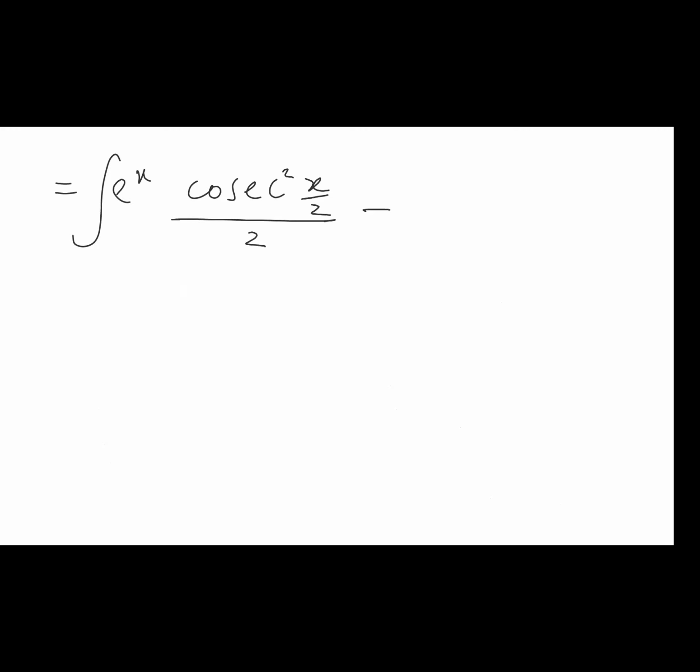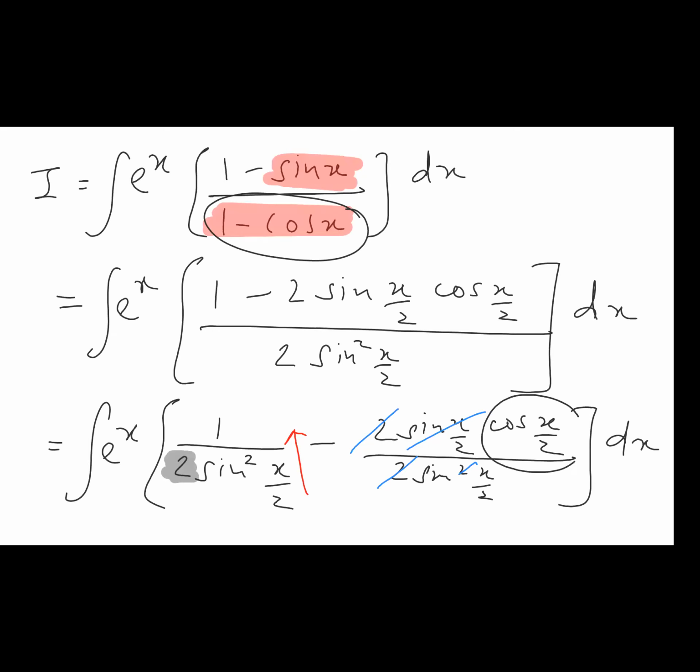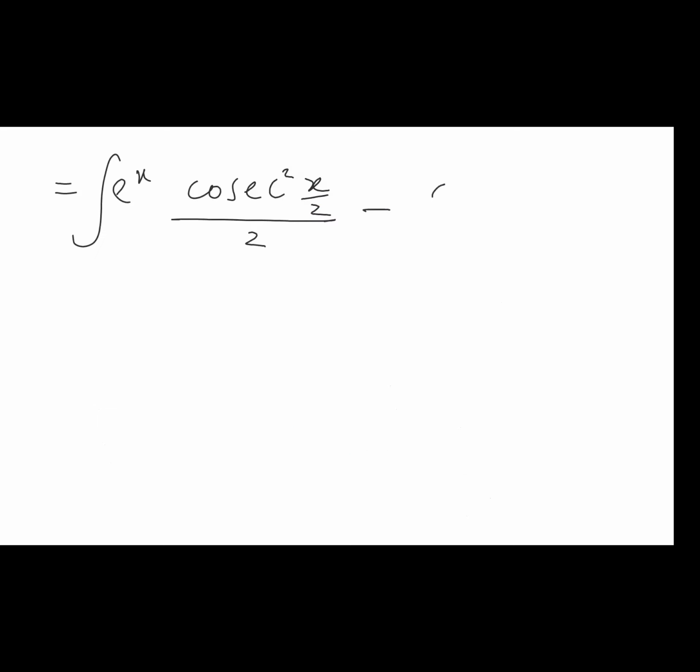Minus cos x by 2 upon sin x by 2, that is equal to cot x by 2.